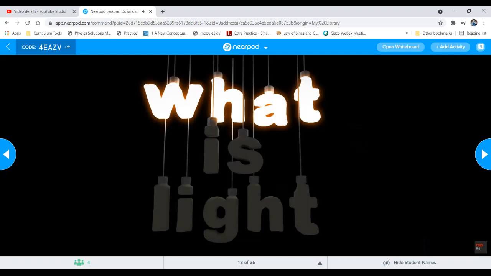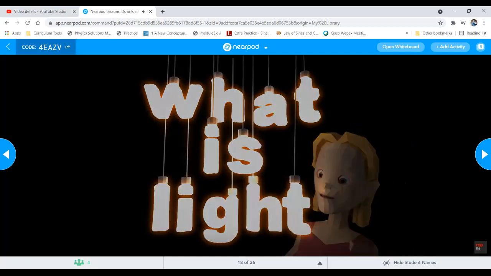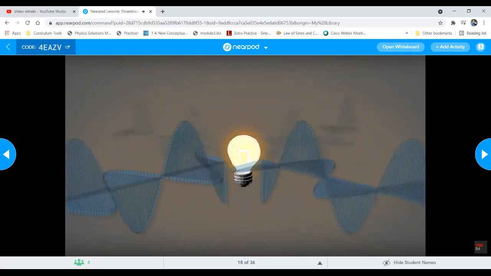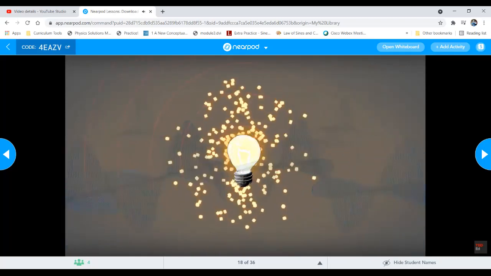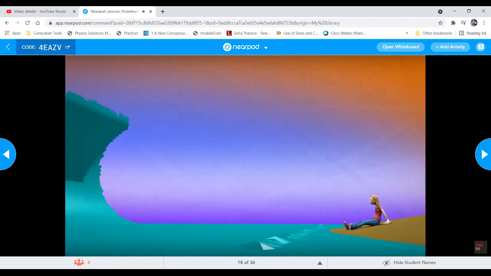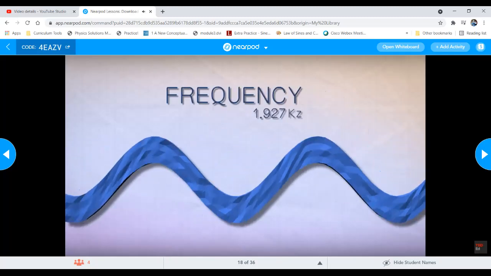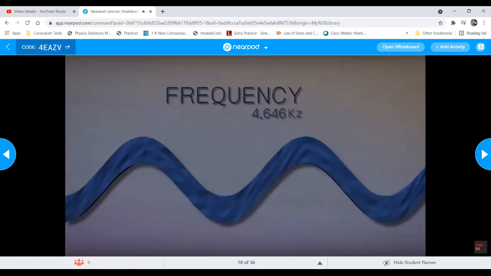In order to understand how these can all be light, we'll need to know a thing or two about what light is. Light is electromagnetic radiation that acts like both a wave and a particle. Light waves are kind of like waves on the ocean. There are big waves and small waves, waves that crash on the shore one right after the other, and waves that only roll in every so often. The size of a wave is called its wavelength, and how often it comes by is called its frequency.